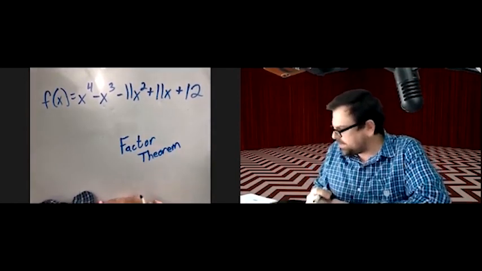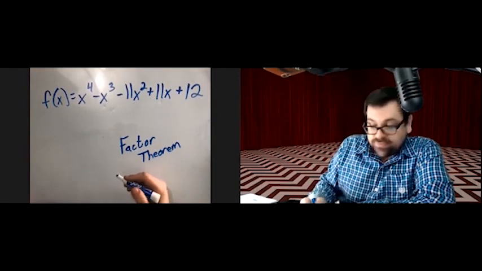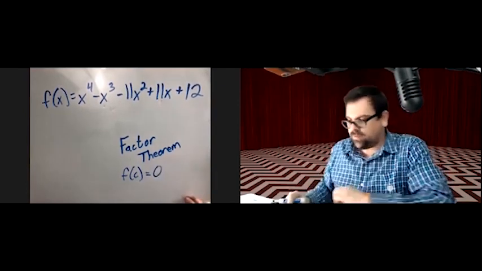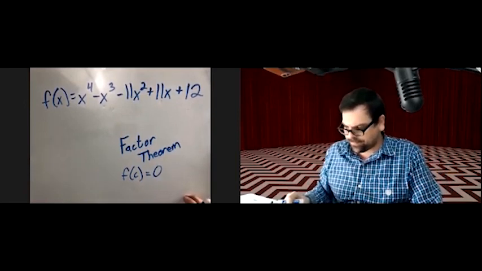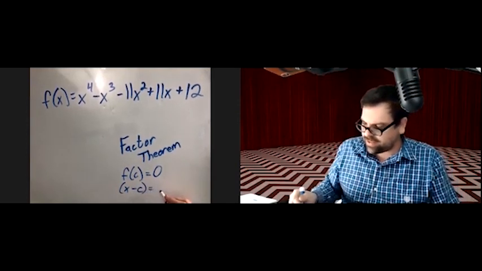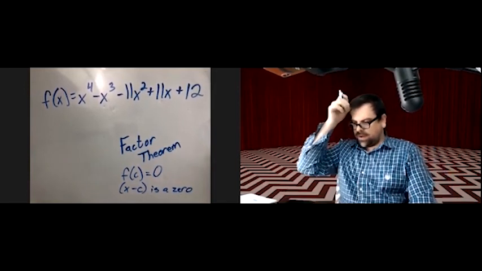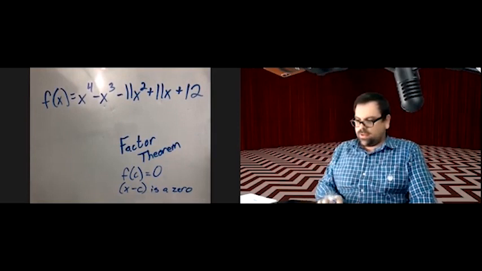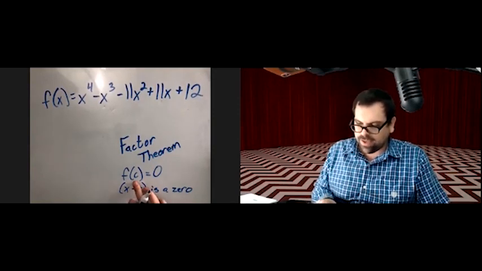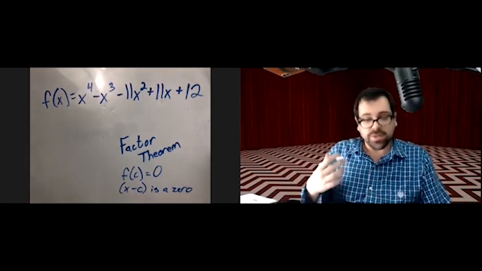So what we were just talking about with the zeros. If there's a remainder of 0 for a 0, that meant that f of that 0 was 0. And we just defined that, there we go. So x minus that number c is going to be a 0 when we get 0 when we plug it in. In other words, if we do the synthetic division, we would get a remainder of 0.